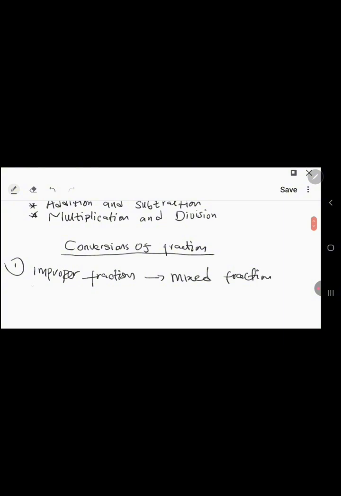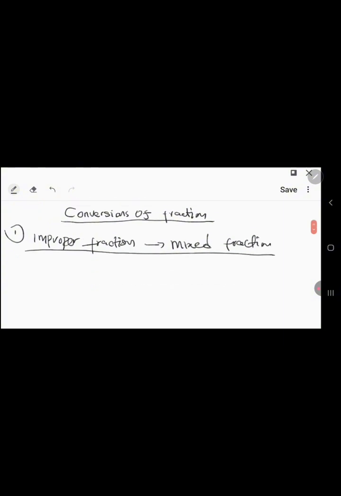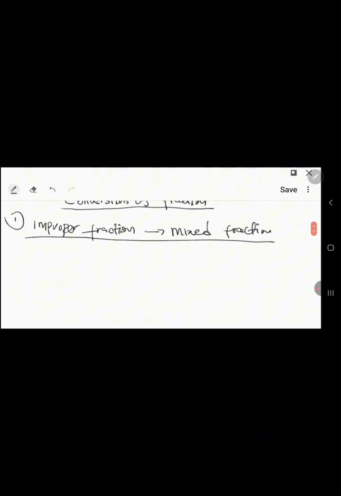Okay, so for conversion of improper fraction into mixed fraction, if you remember last time we said that improper fractions are those fractions in which the number up, which is the numerator, is always greater than the number down, which is the denominator.